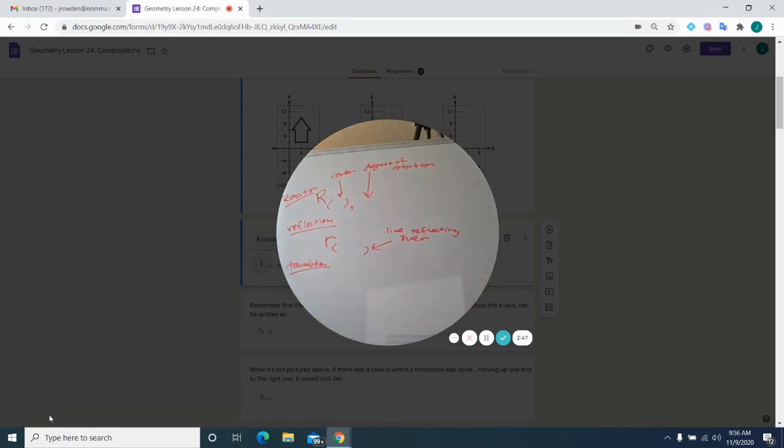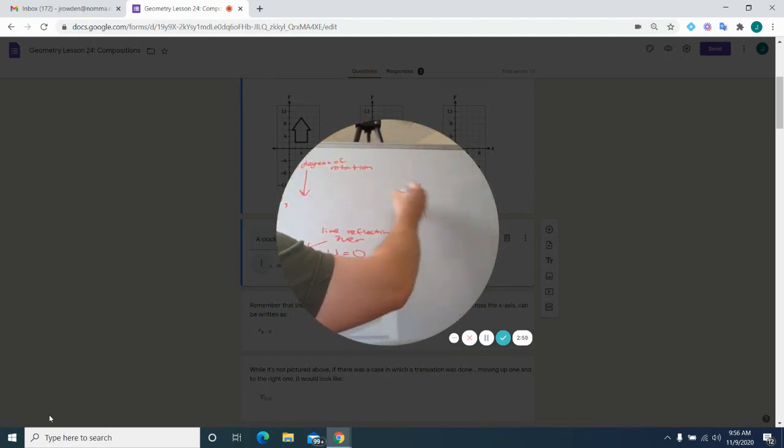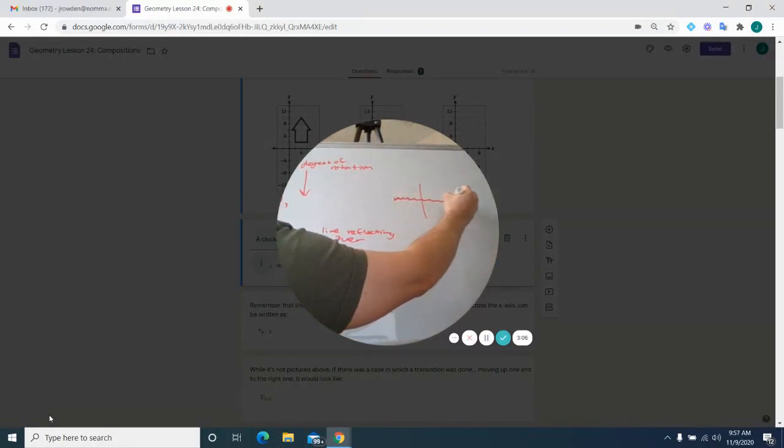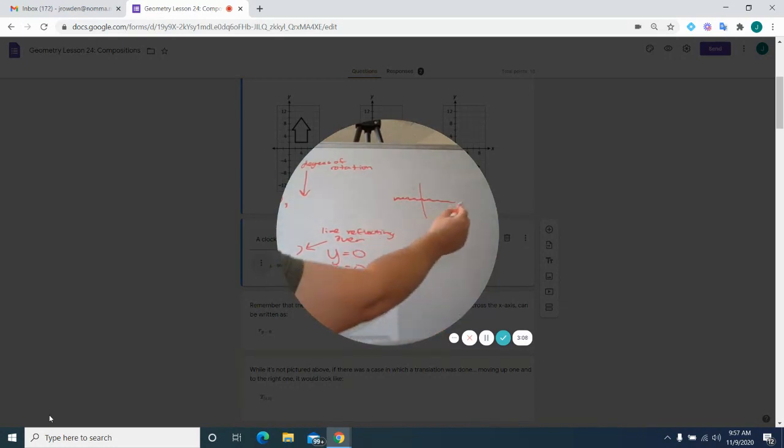When we do this, I want you to remember y equals 0 and x equals 0. If I have an xy coordinate, this line going across, the x-axis, is y equals 0.